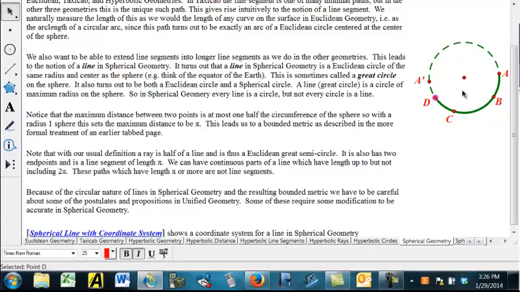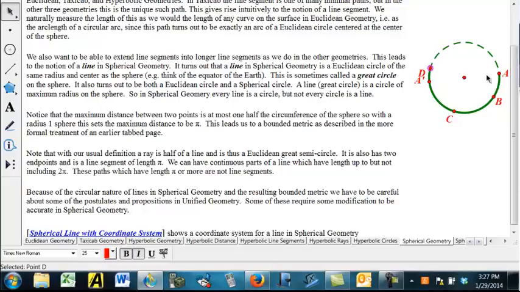So for example, in Euclidean geometry, if B is between A and C, and C is between B and D, then we can get the order A, B, C, D. Well, that makes sense as long as the distance between A and B is less than pi. But, I mean, the distance is always pi or less.